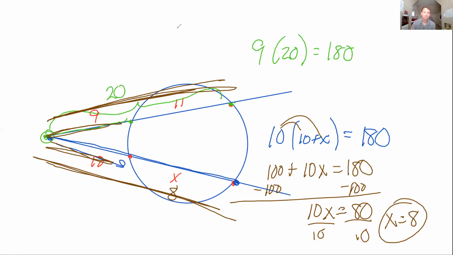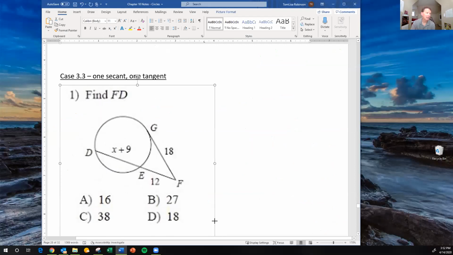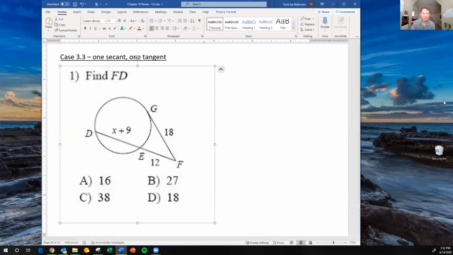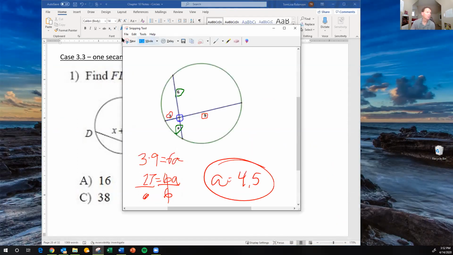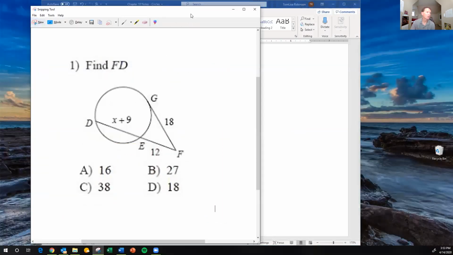Okay? I got more examples coming for you. Let's just go back and finish this off, because the third case is, I don't know, a little bit complicated-ish looking, but it's not actually that bad. So let me start. I'm going to take the screenshot here, and we'll see if we can walk through this.